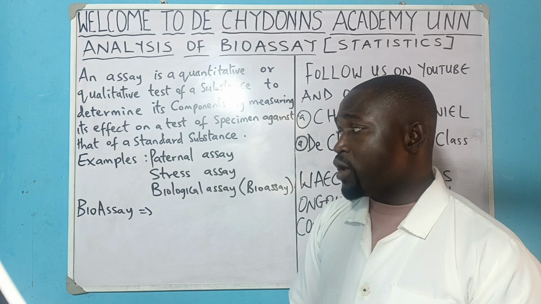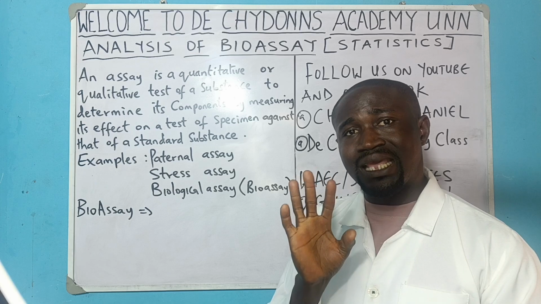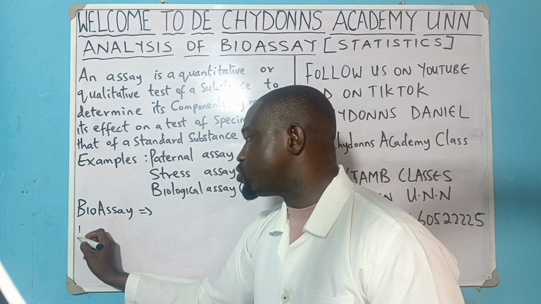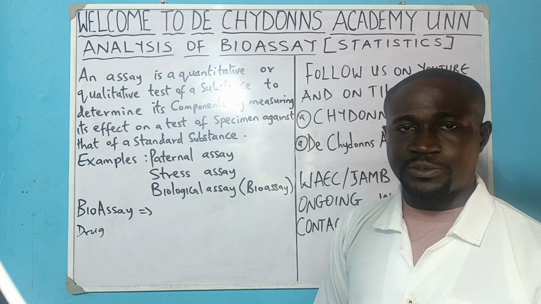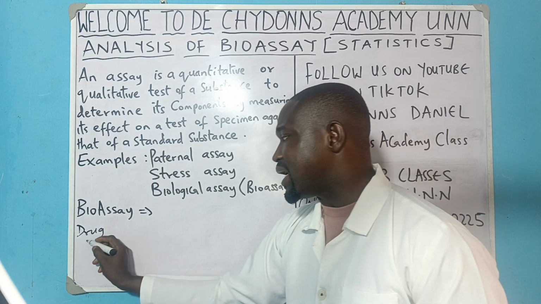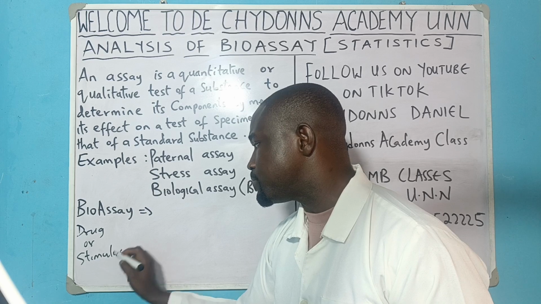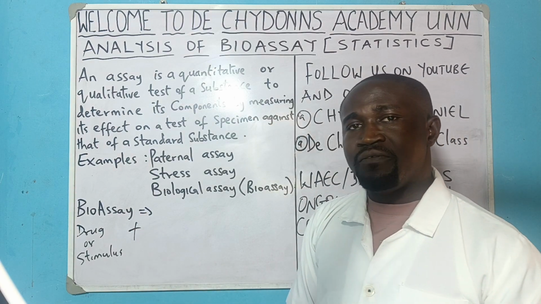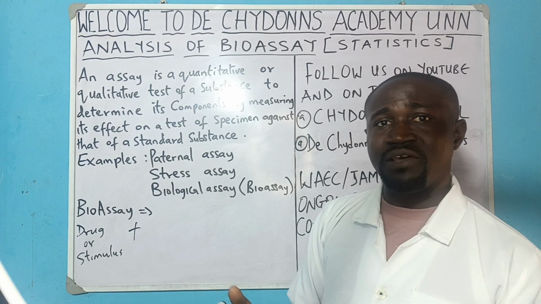When we go into pharmacology in detail, you'll see a lot of terminology, in vitro, in vivo, and others. This is to tell you living tissues, living organisms, are what is used in such experiments. That means when you want to perform an experiment on bioassay, three things are what you look at. Number one, what drug am I to use in such an experiment? Another name for drug in this regard is the stimulus. You can also ask, what type of living organism am I talking about? Is it a living organism, or is it living tissue?